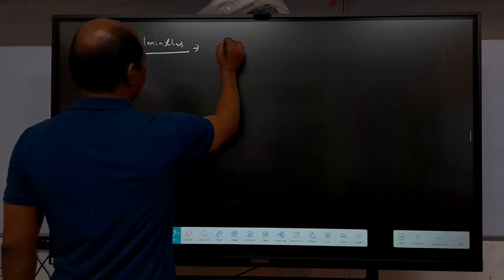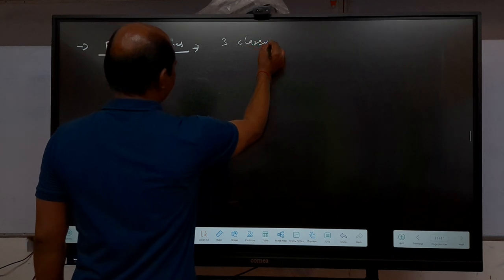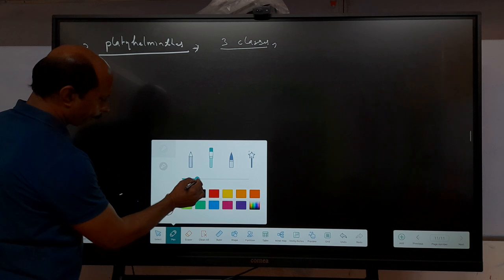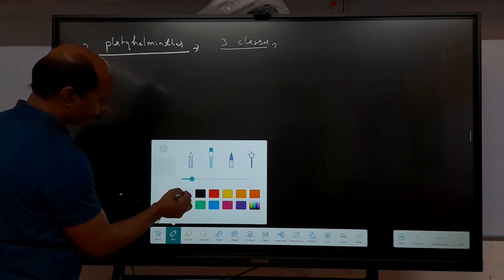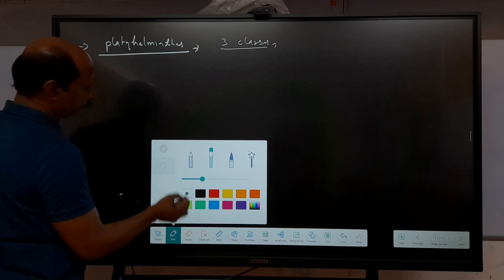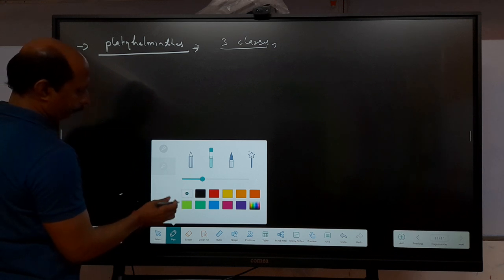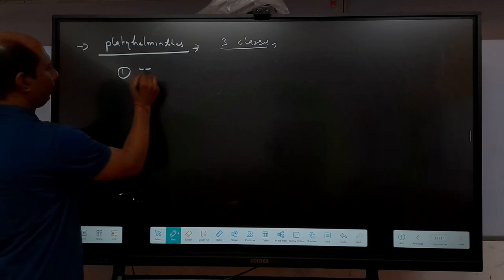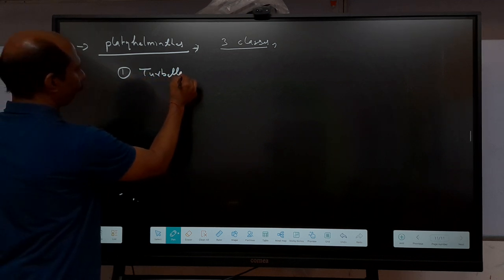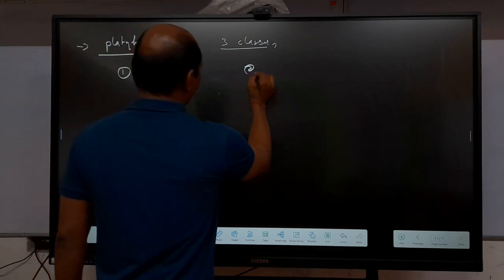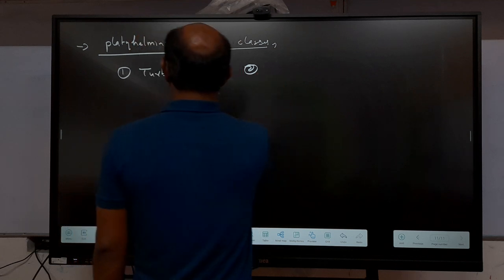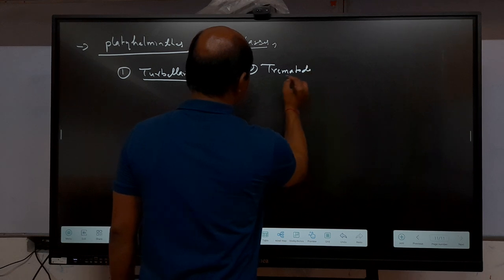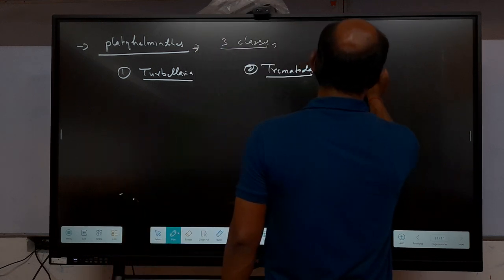Platyhelminthes is also divided into three classes. Which three classes are there? The first one is Turbellaria, the second is Trematoda, and the third one is Cestoda.